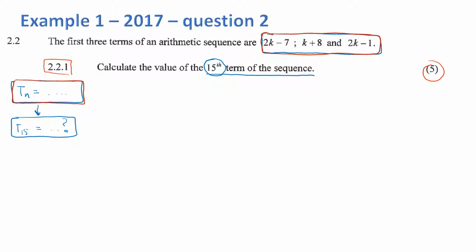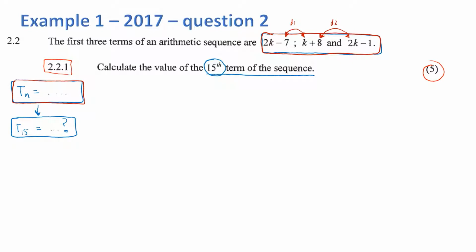Well, a good place to start is the fact that we could calculate the difference between these terms, right? That's one thing we can do. We're going to call these D1 and D2.